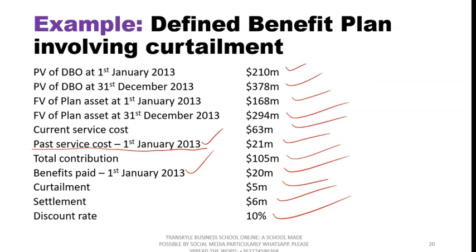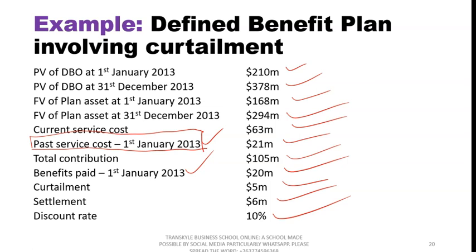All right, so at the beginning of the year, remember the past service costs have to be expensed as they are incurred. The past service costs are due to a change in the entitlements of employees. So when we discover that the employees have got an increase in their future earnings, then we need to consider that.